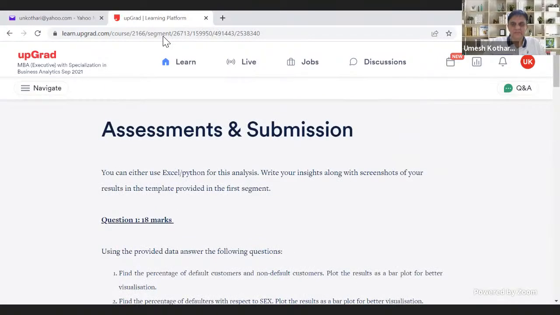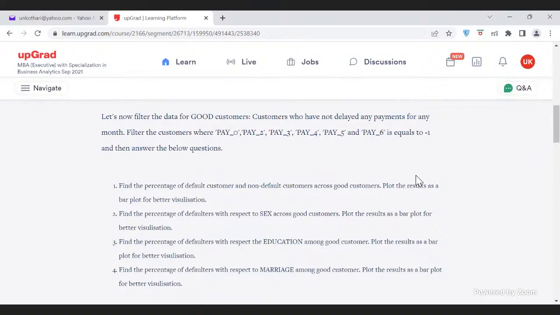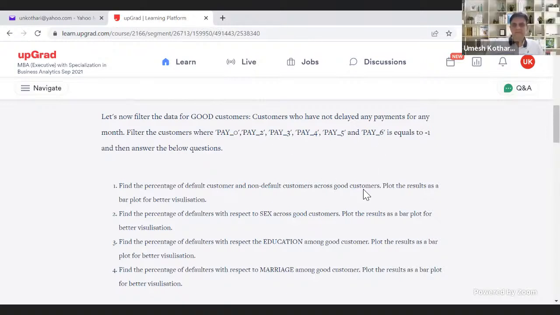So, sir, in the second question where we have to filter for the good customers, do you suggest to combine -1 and -2? Yes. Or you can, if you want, based on your counts, keep them separate as well. I would leave it up to you how you want to present it, how you'd want to show the reference.